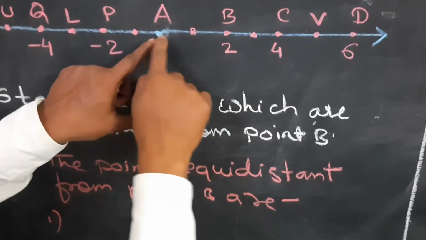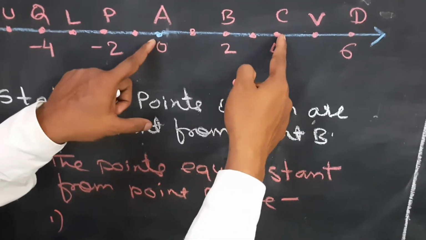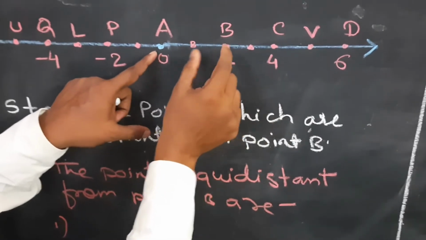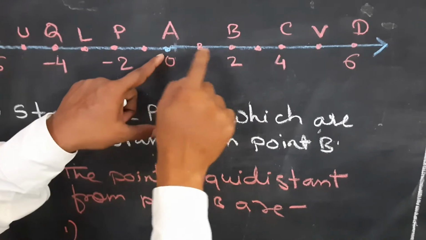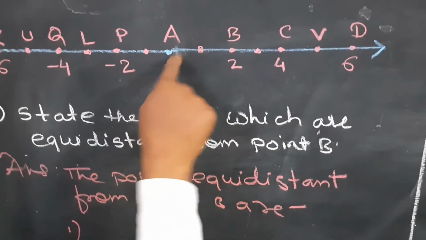Now A and C, you can observe, both are at equal distance from point B. So which points are at equal distance from point B?